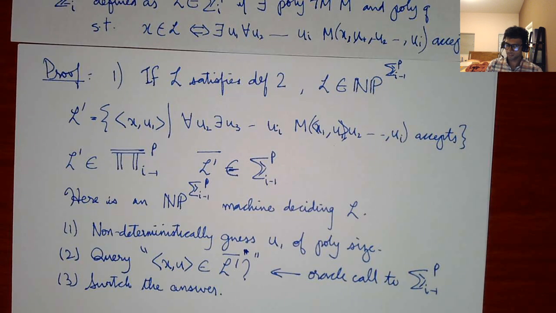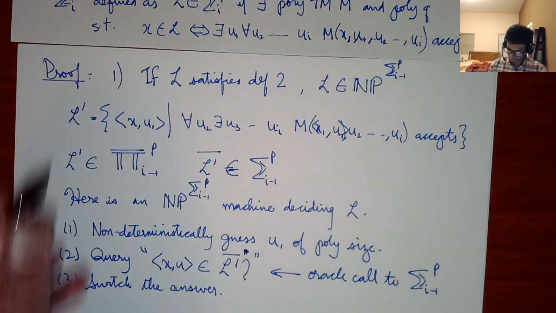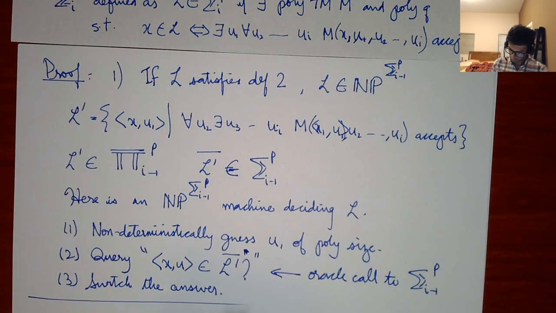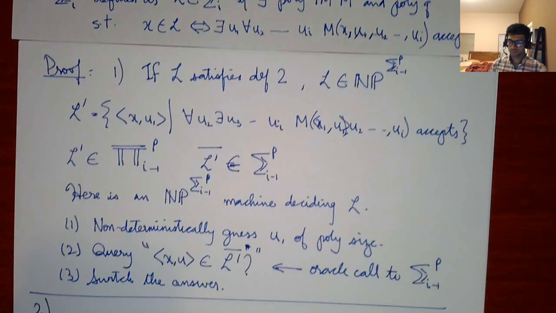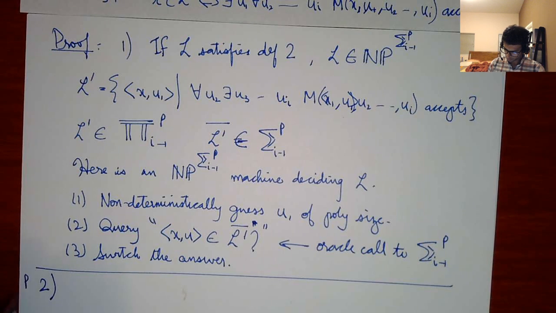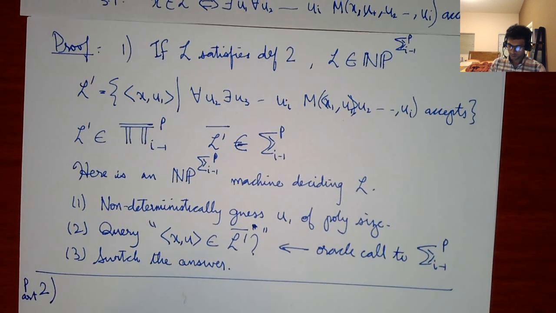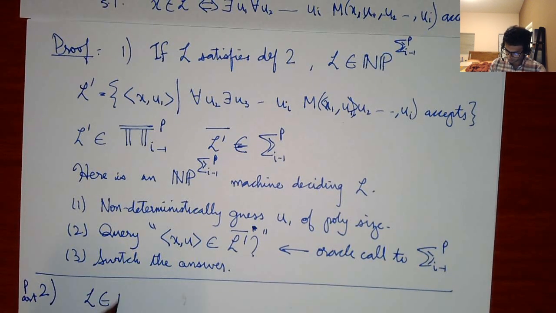Questions? Okay. So that was the easy part. Now for the hard part. So part 2, let's say part 2 is to say, suppose L is in NP to the sigma I minus 1 p.